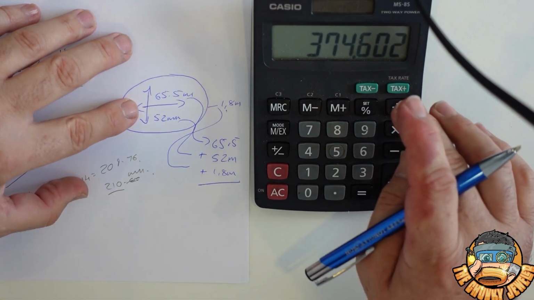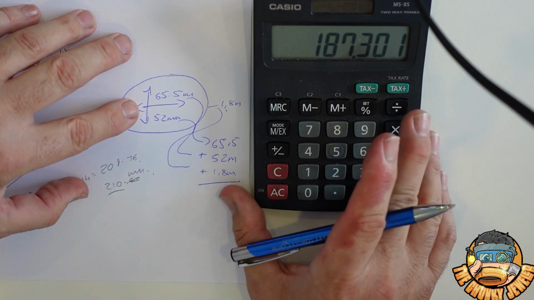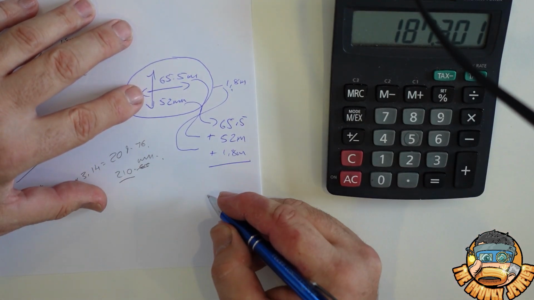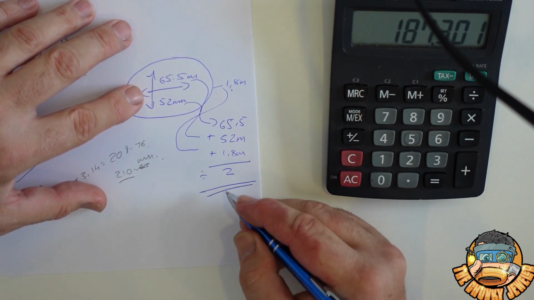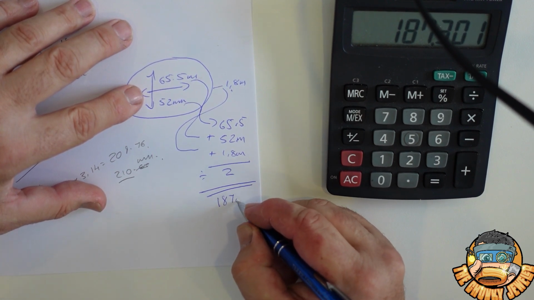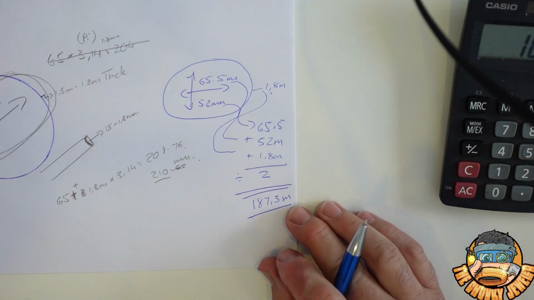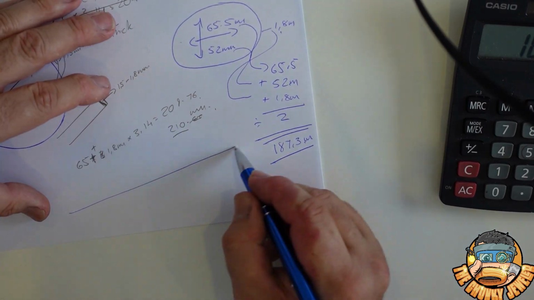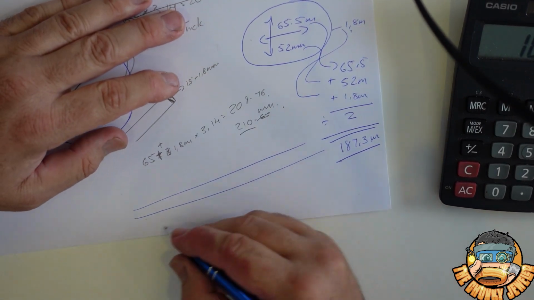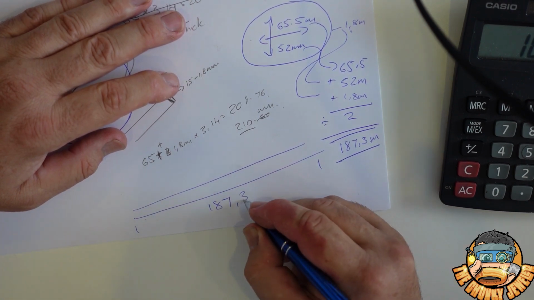Then we divide that 374.6 by 2. So we get 187.3 millimeters. So essentially, when we do the length of the bangle, what we want is that length to be 187.3 millimeters.